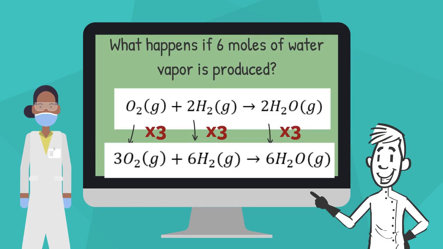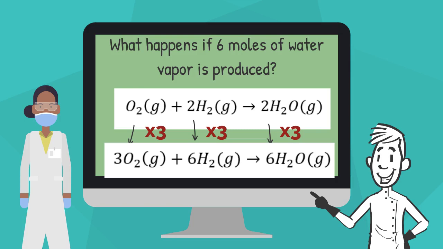Conversely, we can measure the amount of product that's been produced. So let's say we measure the amount of product, the water vapor, and it happened to be 6 moles that was produced. Then we can deduce that triple the amount of the reactants was used to get 6 moles of H2O, because normally we would expect 2 moles for 1 mole of oxygen.